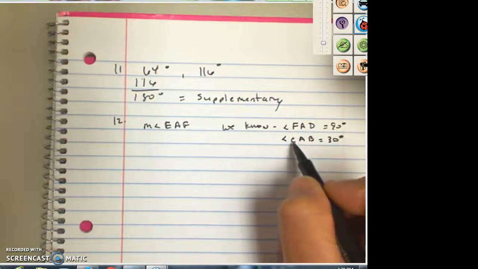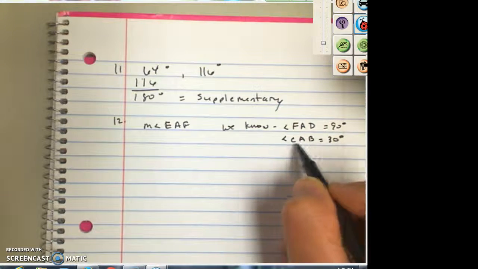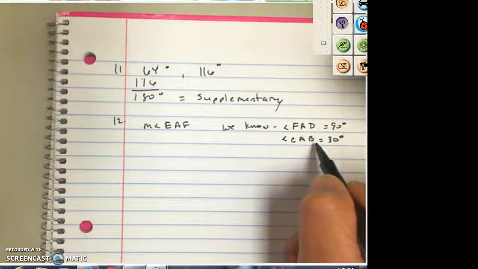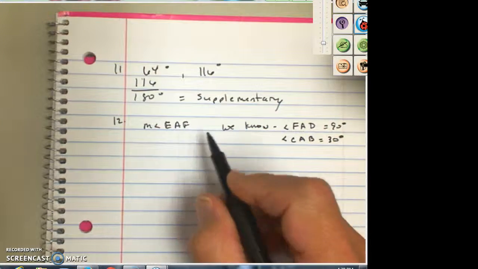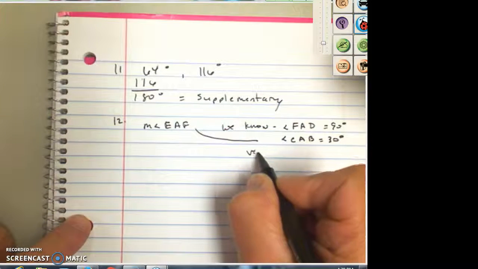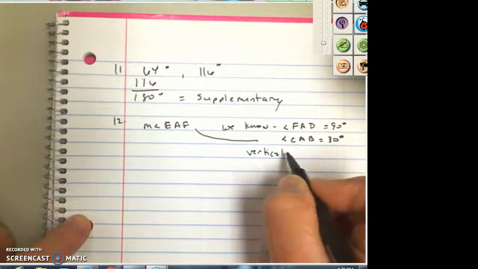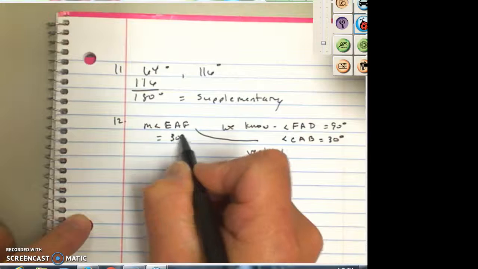And since angle CAB is 30 degrees, the vertical angle to angle CAB is angle EAF. And since these two are vertical to each other, we know that this is equal to 30 degrees as well.